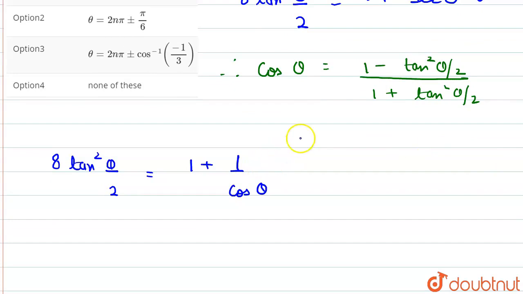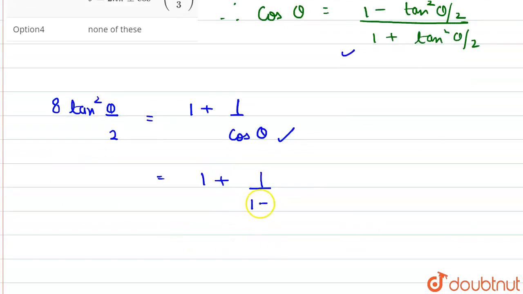So if I put the value of cos theta in this equation, I will get 1 plus 1 upon 1 minus tan square theta by 2 upon 1 plus tan square theta by 2, right?